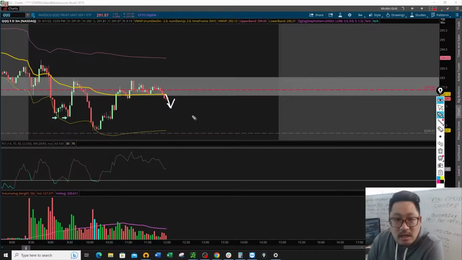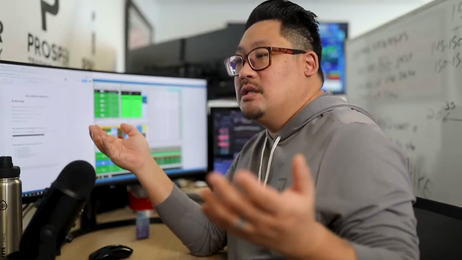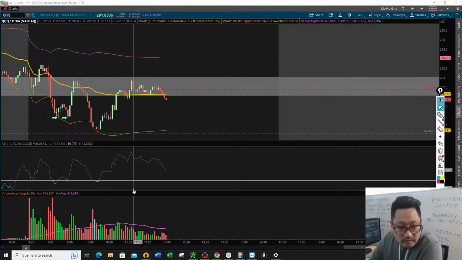If millions and billions of dollars are going short, what is our 10,000, 20,000, 50,000 going to do in relation to that market sentiment? So this is an important aspect. And again, it could become a possibly decent trading opportunity.